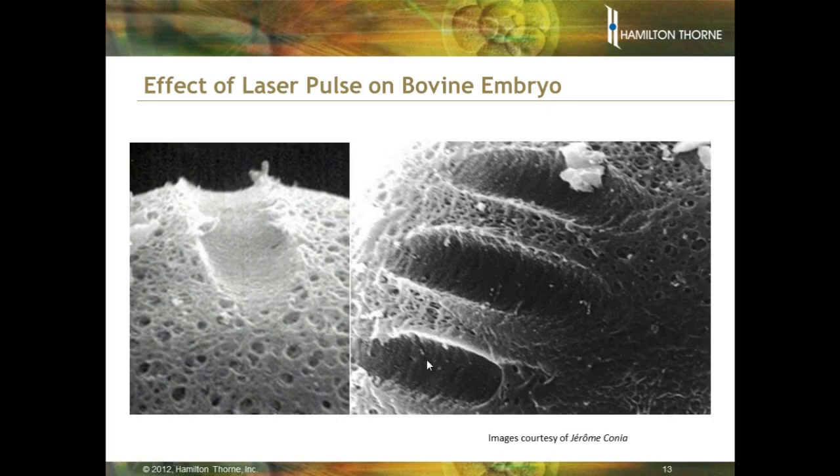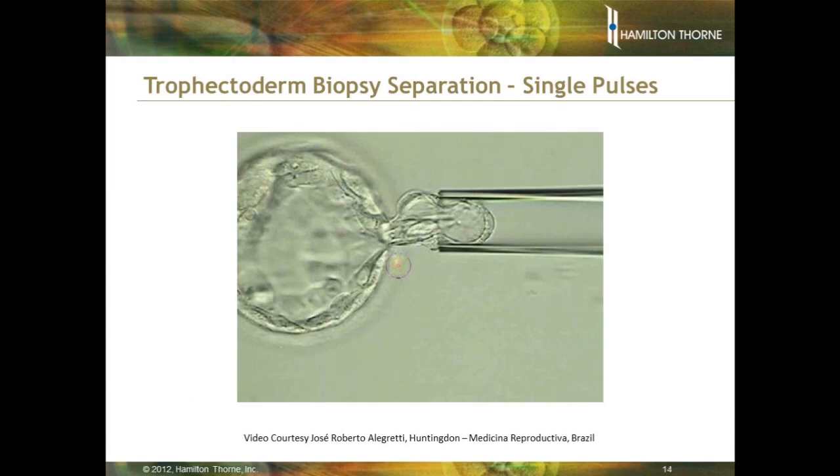Here we have three trenches of the same type cut in the edge of the zona by that same system, and you can see that the width is about the same as that of the lozenge that I showed you before. The hot region cuts the embryo.